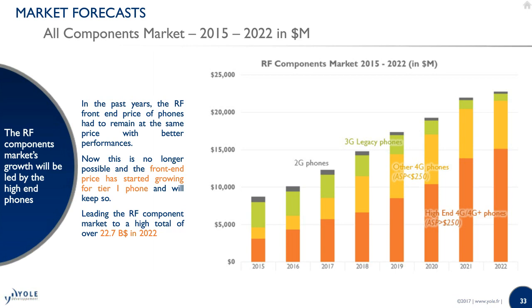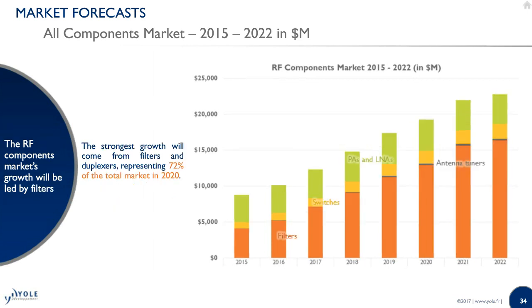Okay. Now, if you look at this picture and look at this market in terms of various components, you will see that this high market growth is highly driven by filtering.